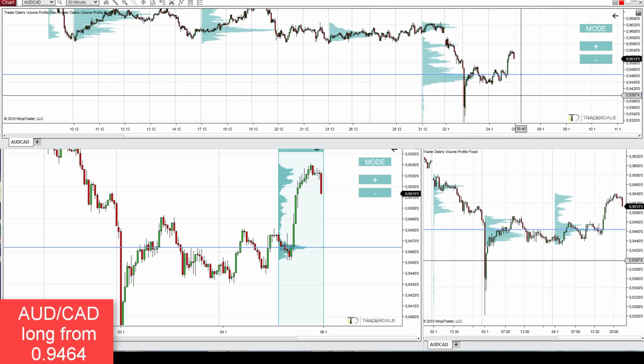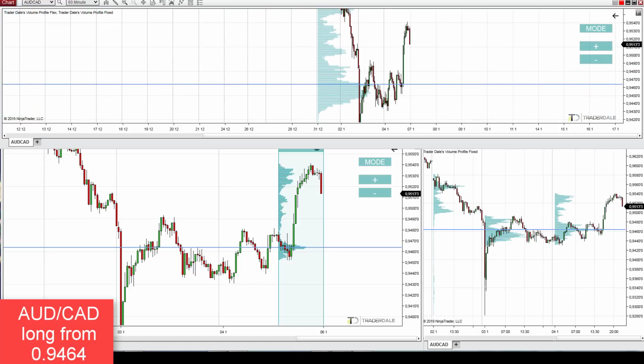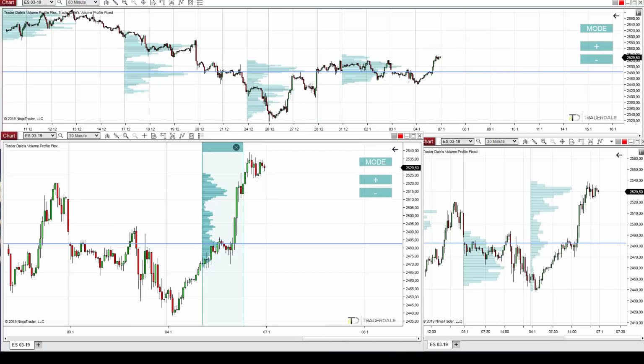If you look at the weekly profiles at the top of my screen, then you can see that this is the point of control of the whole week. Alright, so also in this case we have confirmation of the level, which is the point of control of the week. Alright, so I think that this long level will be a very nice buying opportunity.